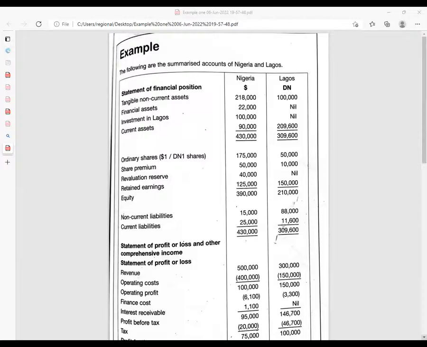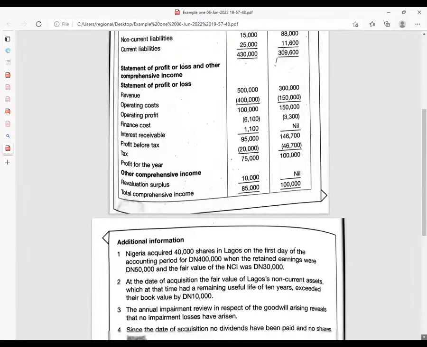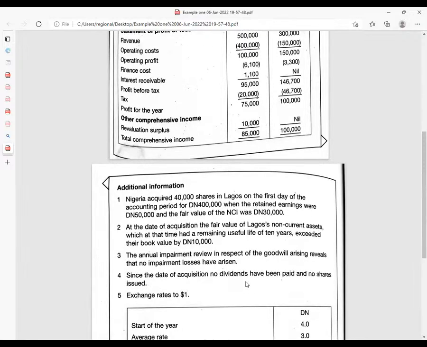Now, listen to me very well. They have given me everything there. Then we are told in the additional information that Nigeria acquired 40,000 shares in Lagos on the first day of the accounting period for DN 400,000, when the retained earnings were DN 50,000 and the fair value of the NCI was DN 30,000.